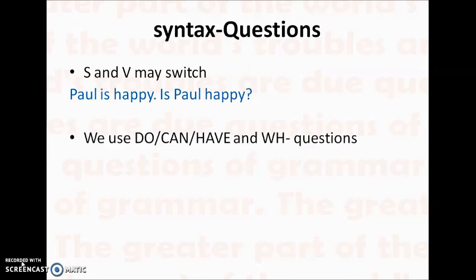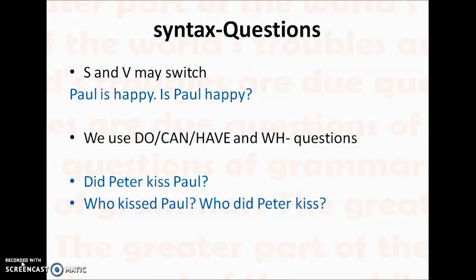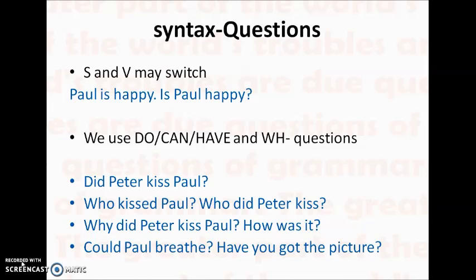Also, when forming questions, we use verbs like do, can, have, and interrogative pronouns such as who, what, why, where, when, whose, or how. For example, did Peter kiss Paul? Who kissed Paul? Who did Peter kiss? Why did Peter kiss Paul? How was it? Could Paul breathe? Have you got the picture?